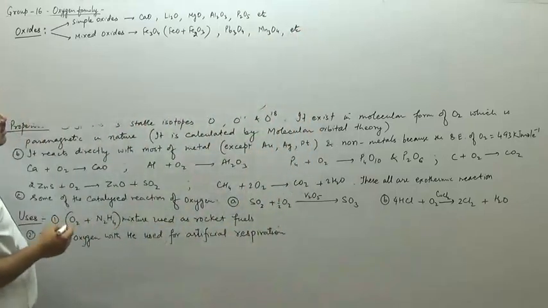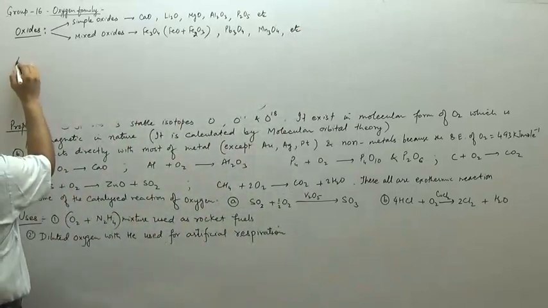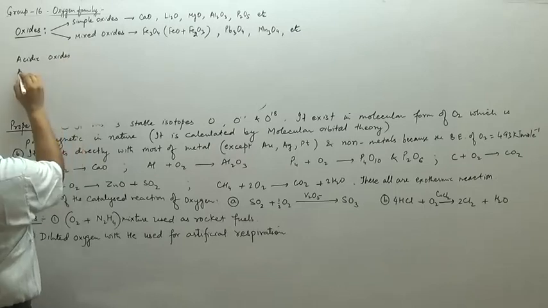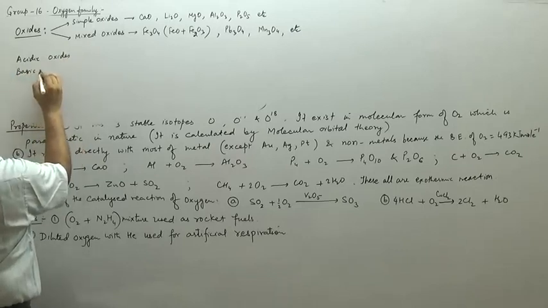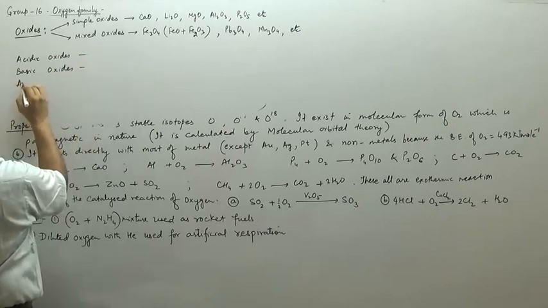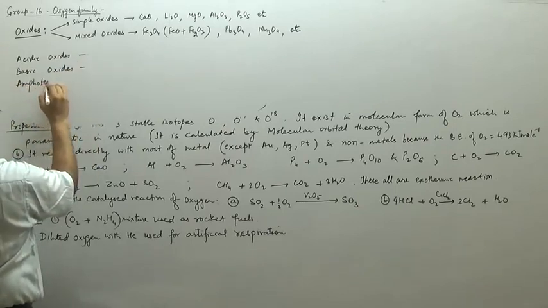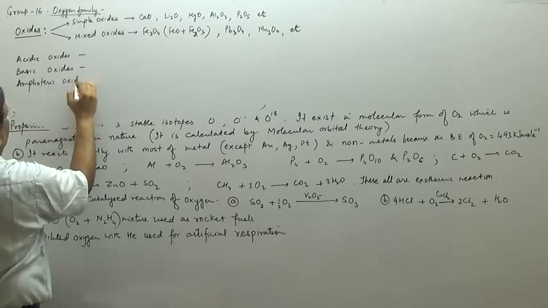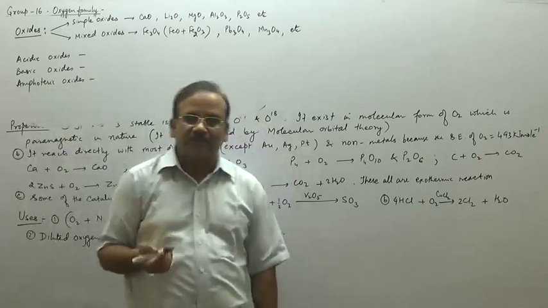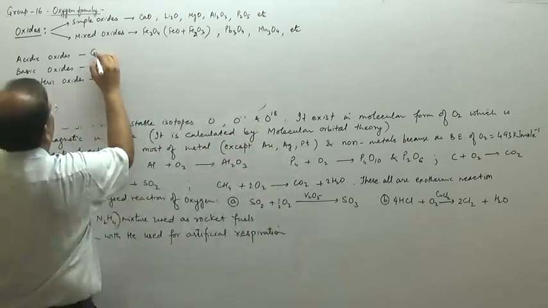Now we write the acidic oxides, the basic oxides, and the amphoteric oxides. Acidic oxides are generally formed by non-metals.